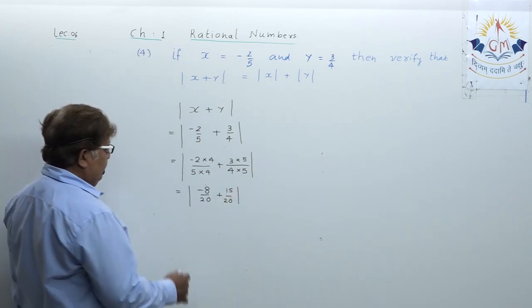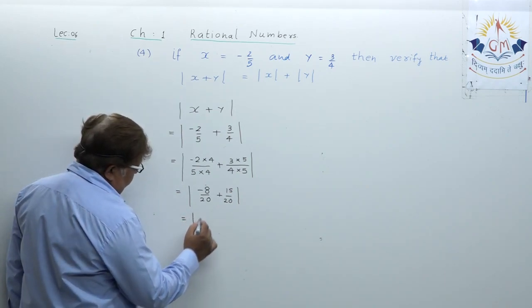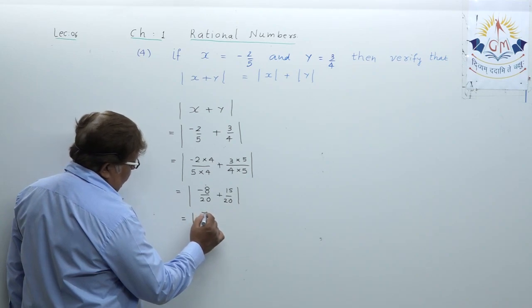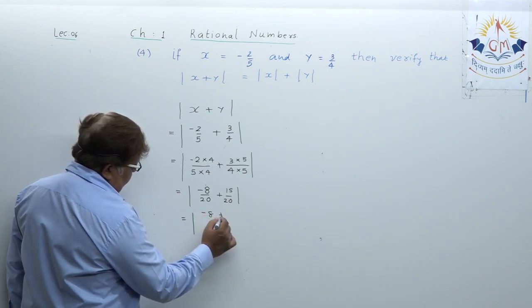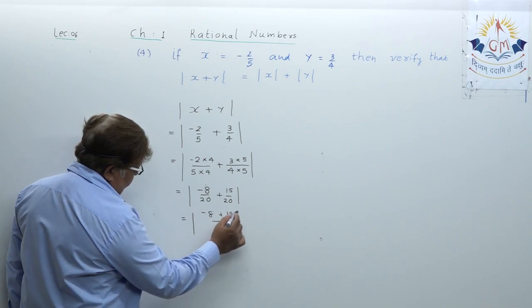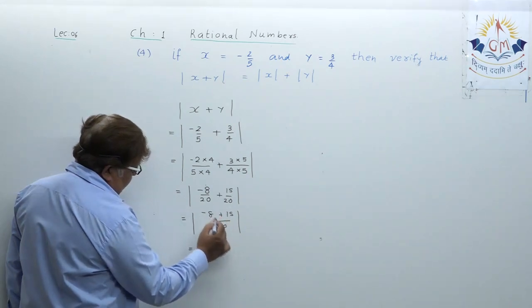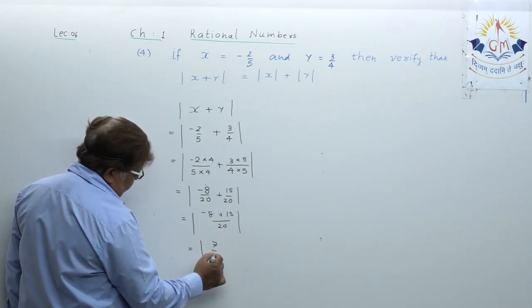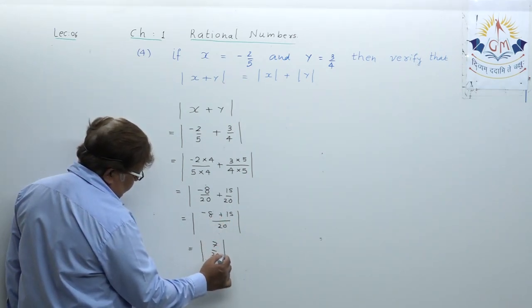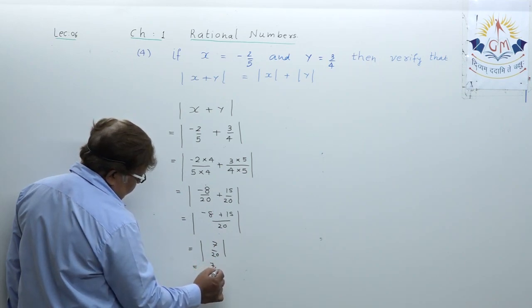Common denominator, minus 8 plus 15 upon 20. 7 upon 20, because absolute value is its measurement.